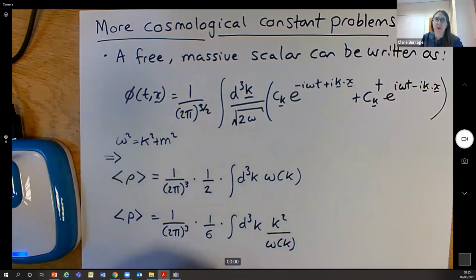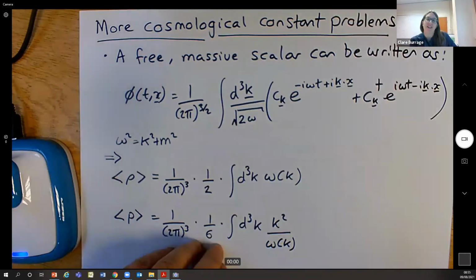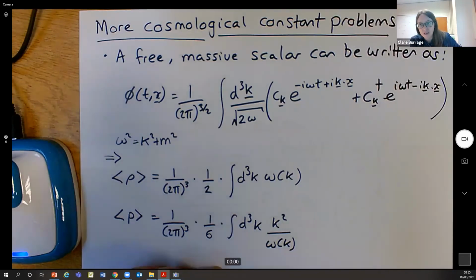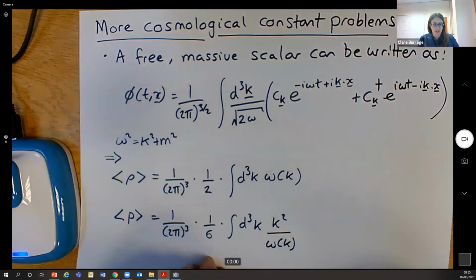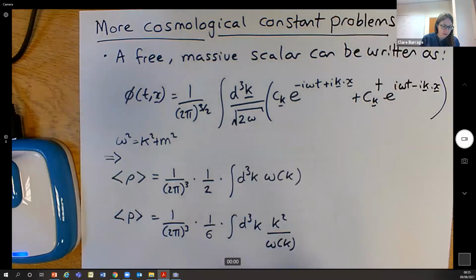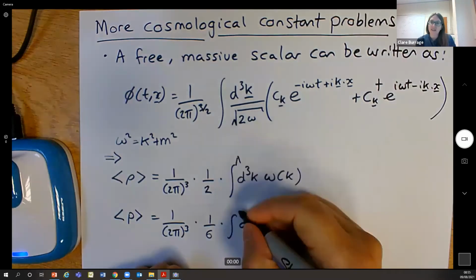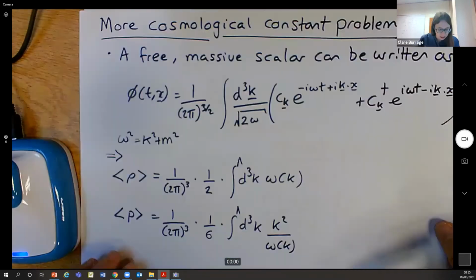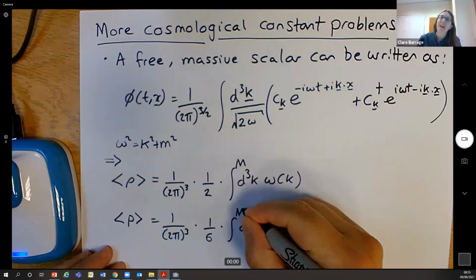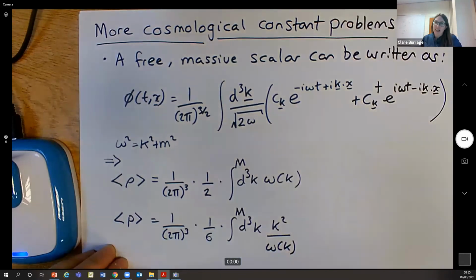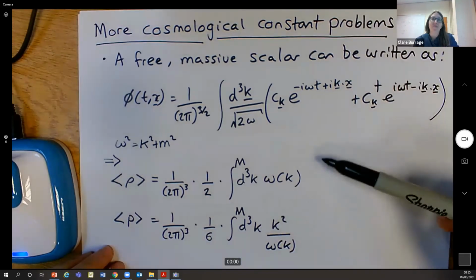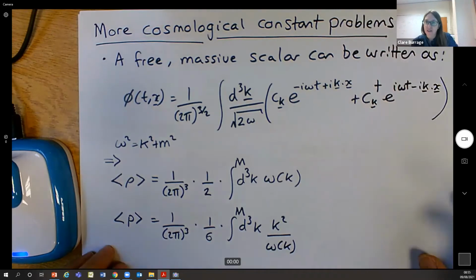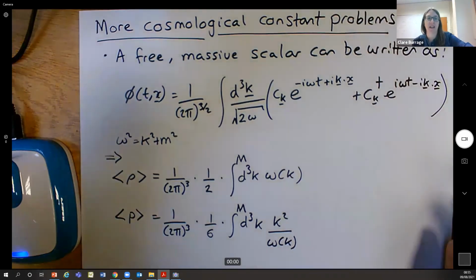And the common approach, the calculation that often gets taught at undergraduate level, is just to say, well, I'm going to put a hard cutoff on these integrals. I'm going to say that these are integrals up to some k scale, which I'm suggestively going to call lambda, except I don't do that in my calculation, so I'm going to call it m, and write out what these integrals look like if I cut them off at some high scale.